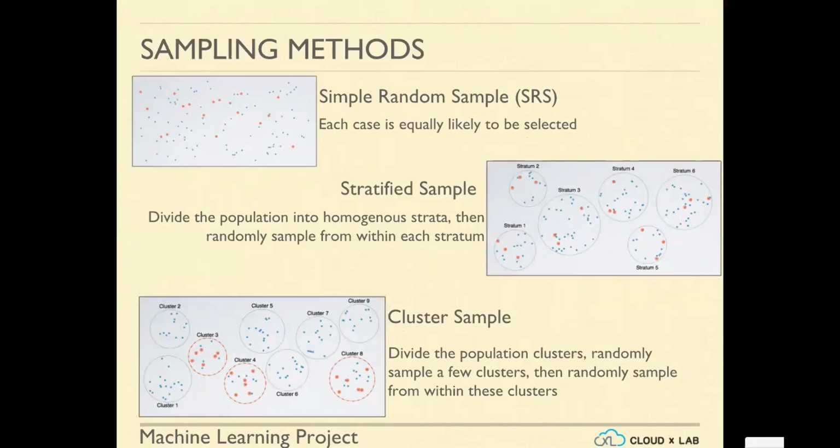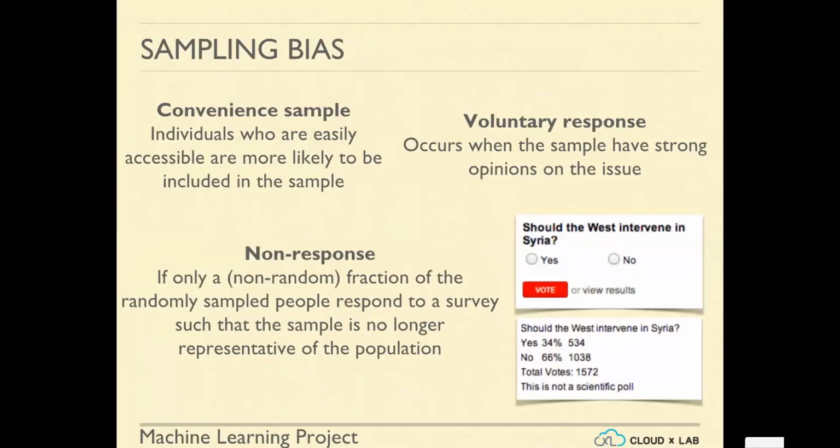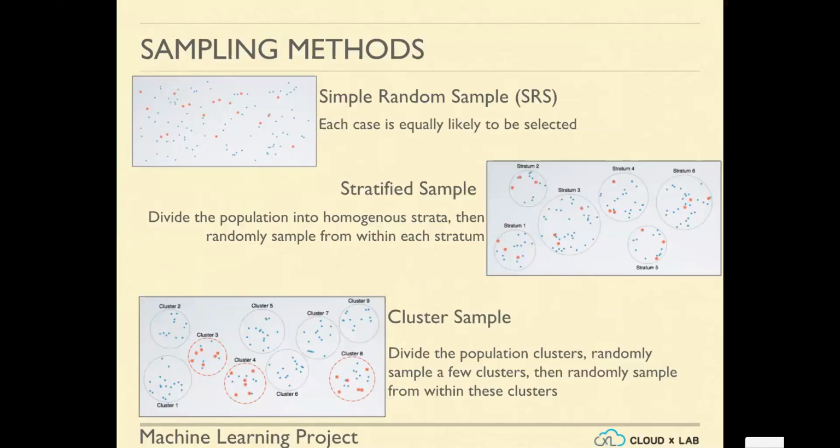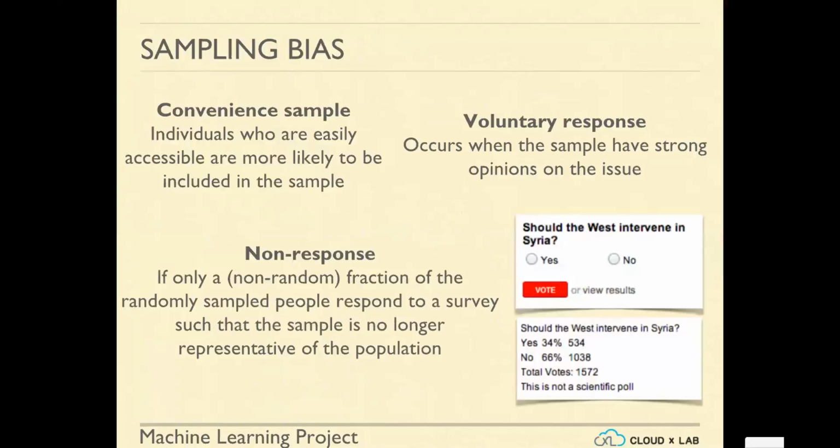Then there is convenience bias, which is also very common: whosoever was available to give the sample, we just took their survey and feedback, but did not include others.